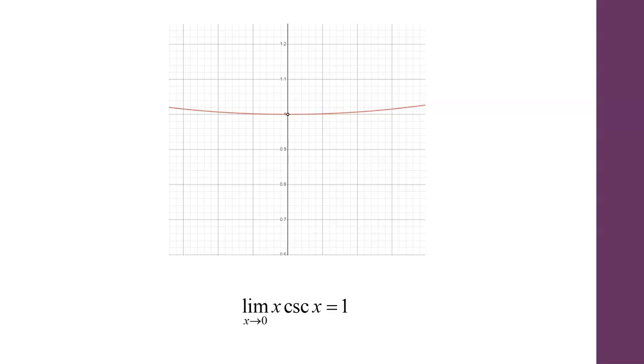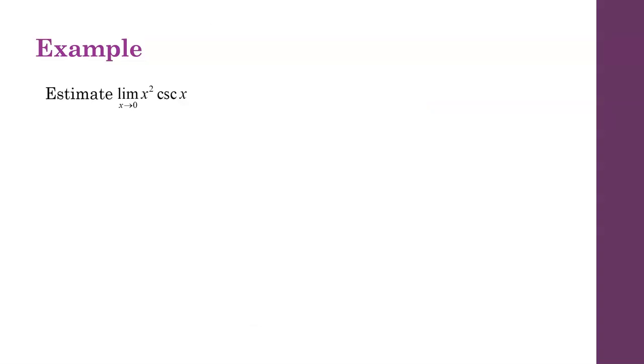Right, so here is another example. We're going to look at x squared cosecant of x. Now, as before, we have the same issue: plugging 0 into the function itself would not have given us an answer, and that's really why we're interested in its limit.